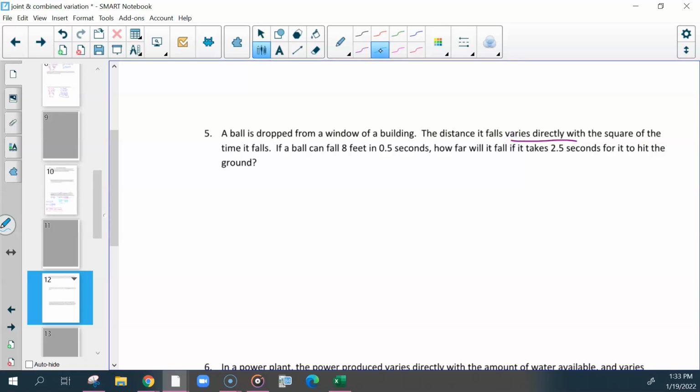Again, we don't know variables, so call it what you want. Let's say this is d, for distance, and the square of the time t it falls. To set up that equation, because it varies directly, that would be d equals k t, but t would be squared, because it says the square of.